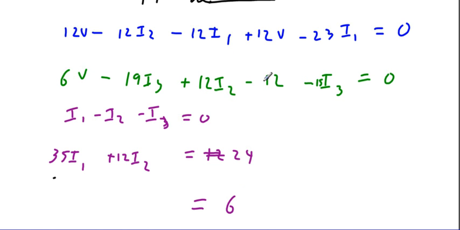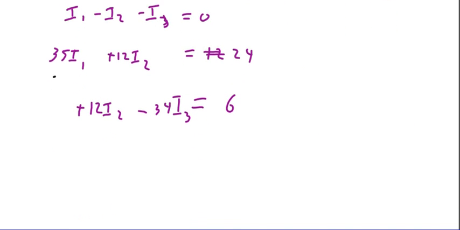So I'm putting the 12 on the other side of the equation and minus 6 from it. And then what I have on this side would be a plus 12I2 minus 34I3. Okay, so now I've got three equations, three unknowns.